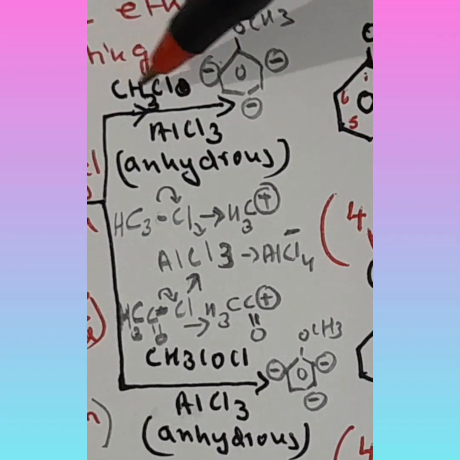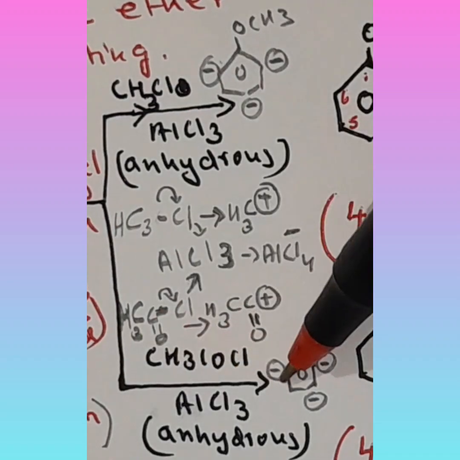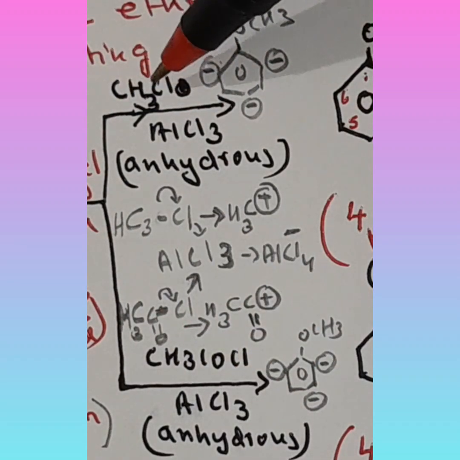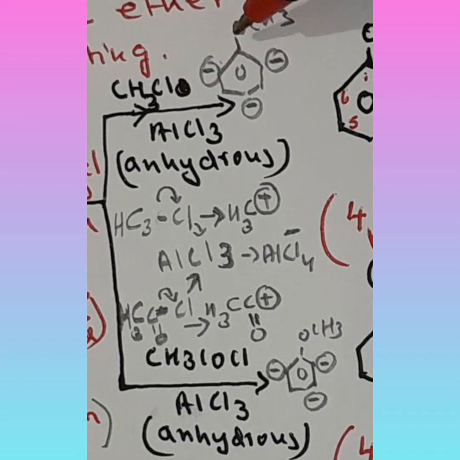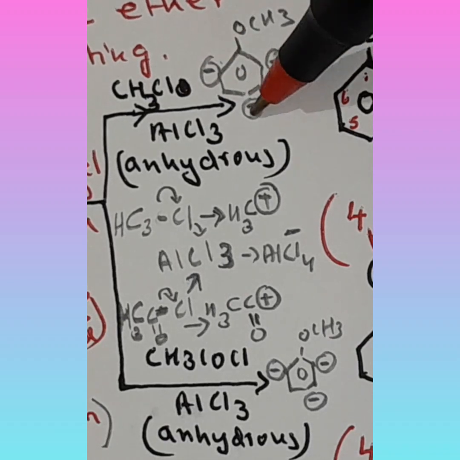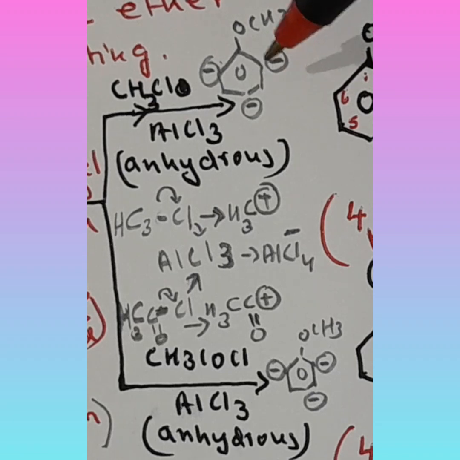We would be studying with methyl chloride as well as acetyl chloride. To begin with, we start with methyl chloride. Now we already know that when we talk in terms of anisole, OCH3 is ortho para active. Alright, so this already is there.